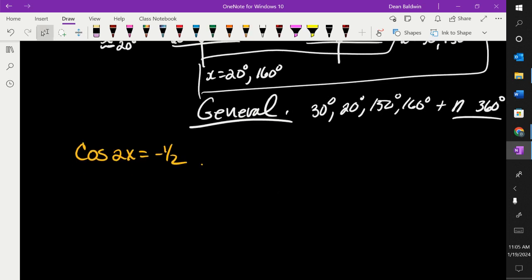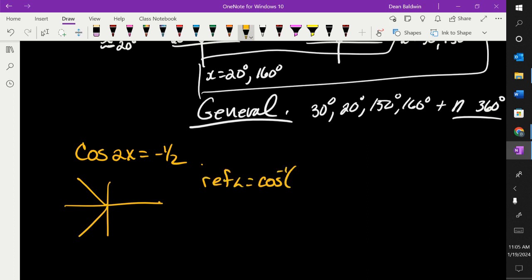Solve it as regular. So where is cosine negative? Quadrants 2 and 3. So we know we're in those quadrants. Find your reference angle. 60 degrees. So you're here, you're there, right?